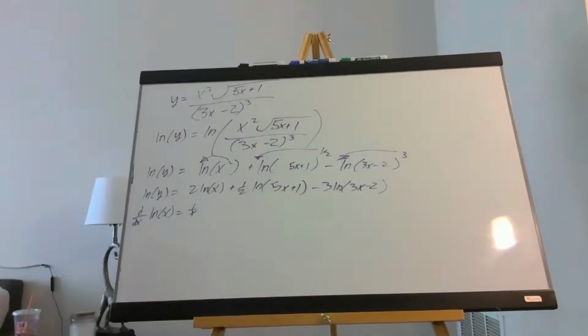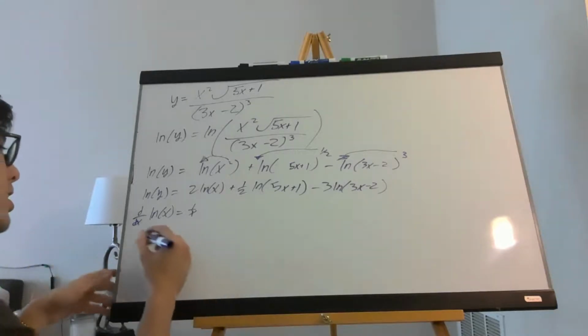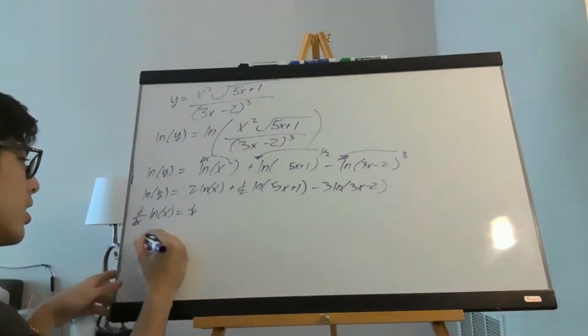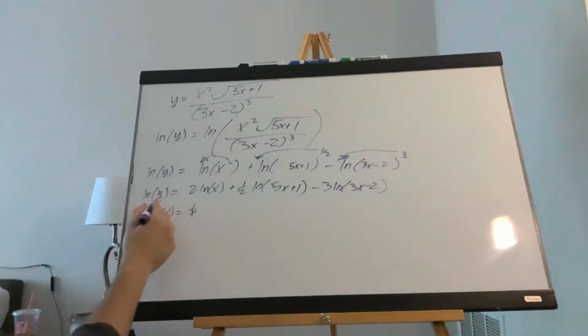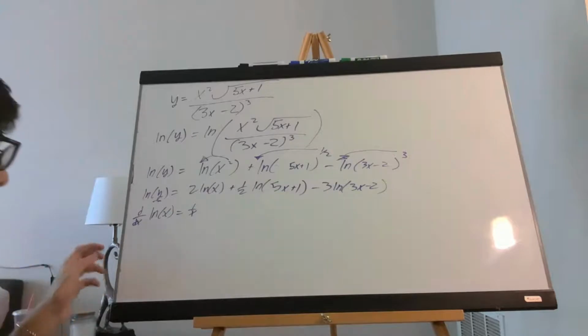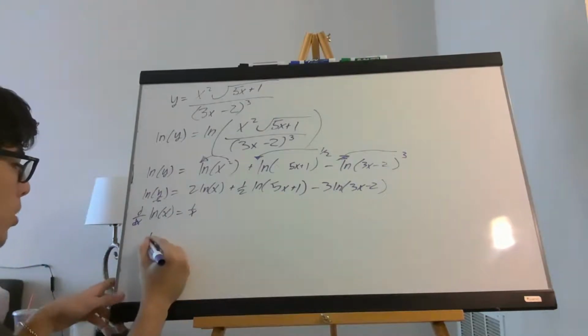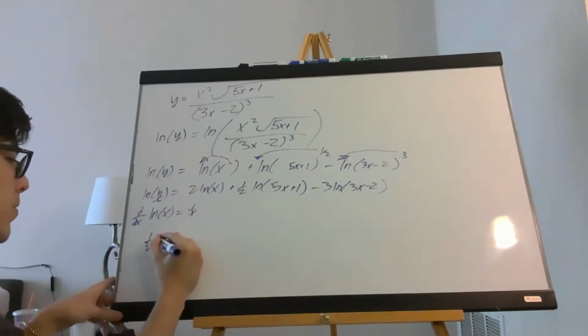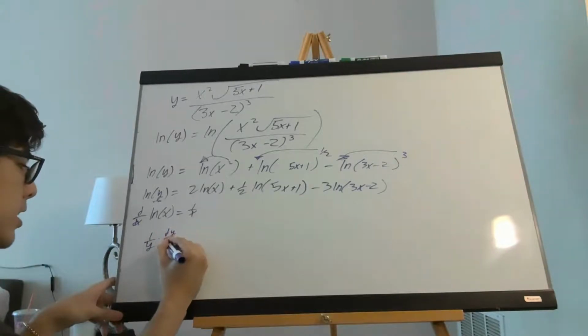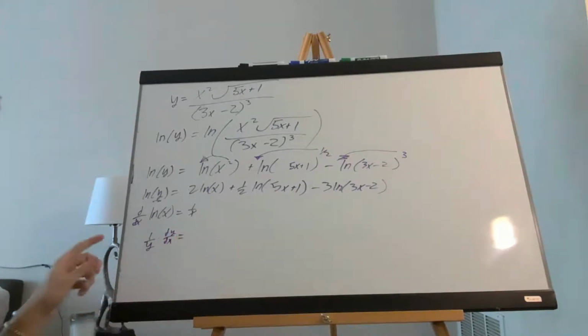For any linear function, it's just going to be the reciprocal of that linear function, which takes us to my next point. That's going to give us, and don't forget, we have a y here. This is an important detail. So now we've got 1 over y times dy dx is equal to, and I'm just differentiating as I go.